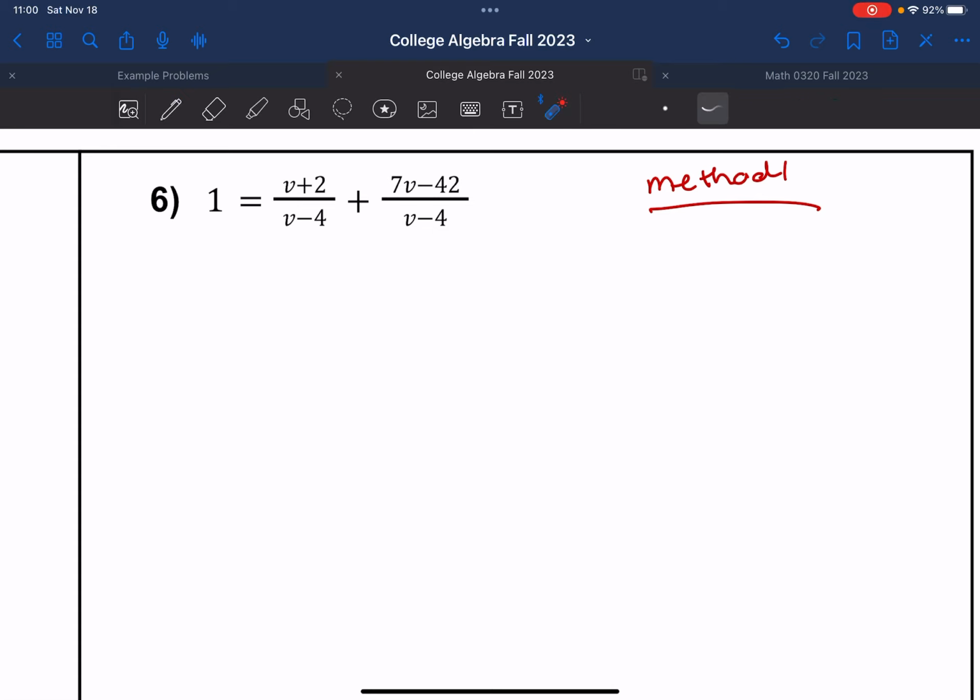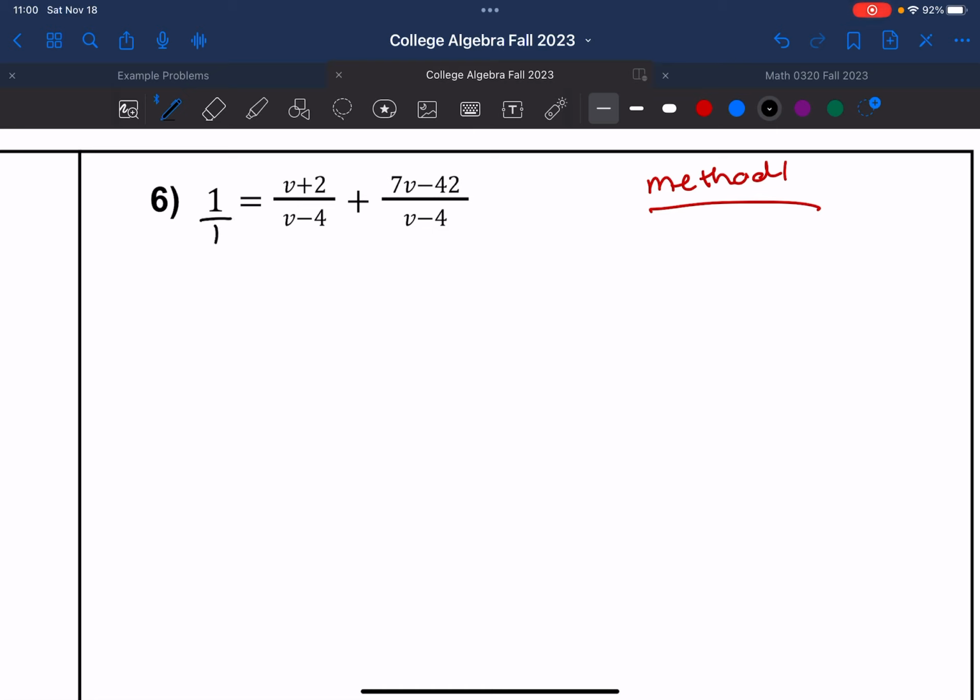Okay, remember our goal is to make sure we have a common denominator between all of them. So we have a v minus 4, and then this one over here that we need to turn into a fraction with v minus 4. So first turning it into a fraction by writing it over 1.